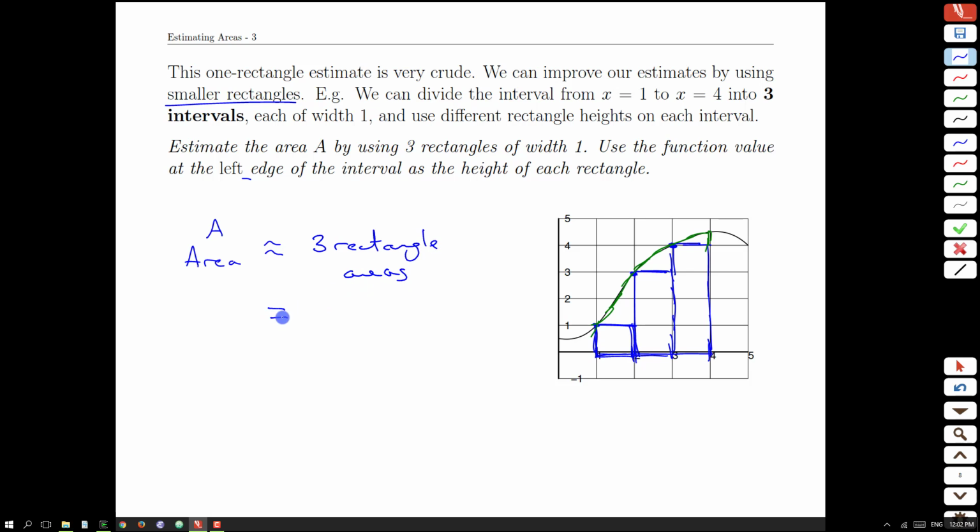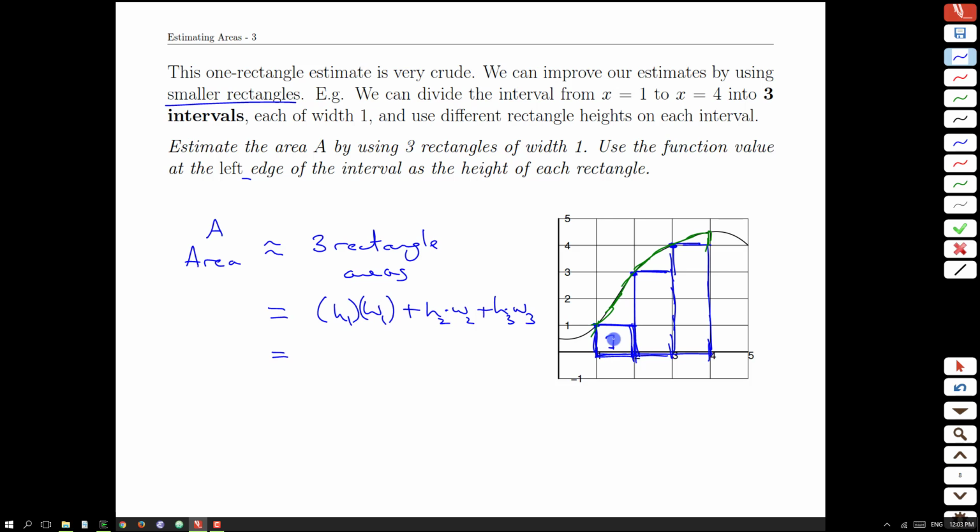And each one of those can be computed with a height times width calculation. So we'll write that down as 3 separate terms. We could put subscripts if we wanted. First rectangle, second rectangle, and third rectangle. And then we can put in the values.